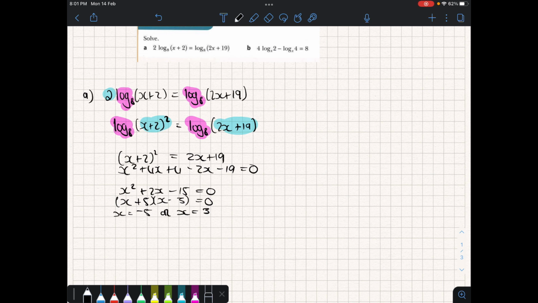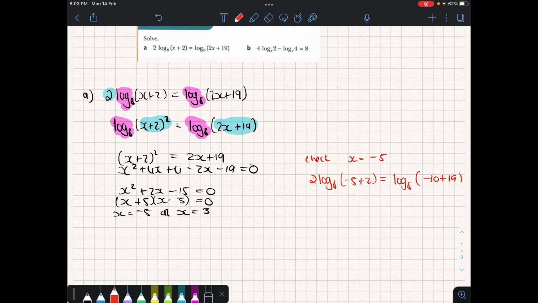Now we need to check in the original equation if these two values satisfy it. So let's check x equal to minus 5. Here we get 2 log base 8 of (minus 5 plus 2) equal to log base 8 of (minus 10 plus 19).